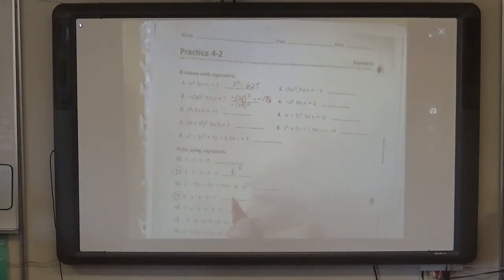Since it's written out with G first, you would write it as G to the 4th power times H. Okay?